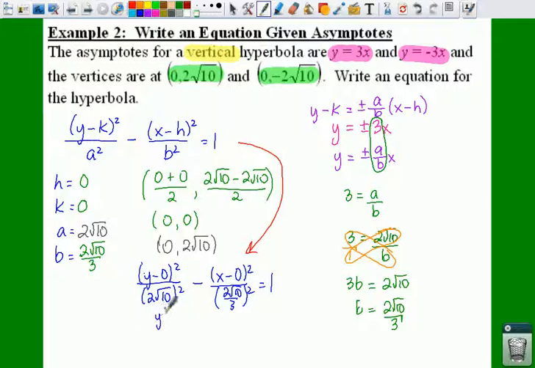That's going to end up giving you y squared over 40 when you simplify, and x squared over 40 over 9 is equal to 1.